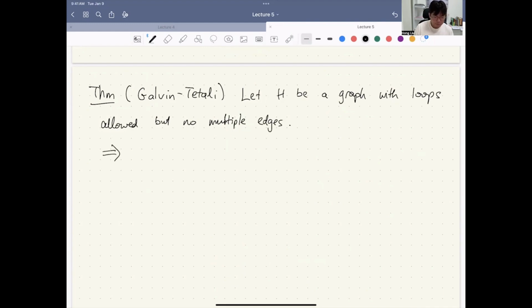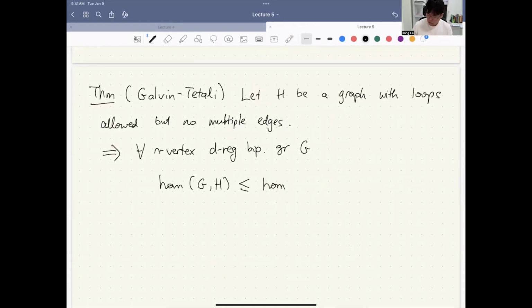Then for any n-vertex d-regular bipartite graph G, the number of H colorings, which is the number of homomorphisms from G to H, is at most this quantity.